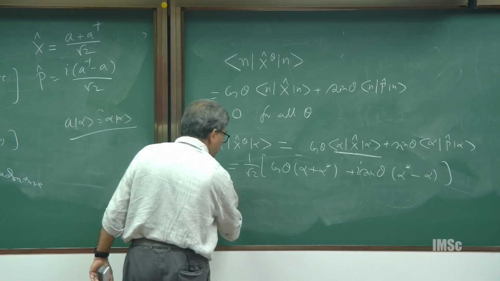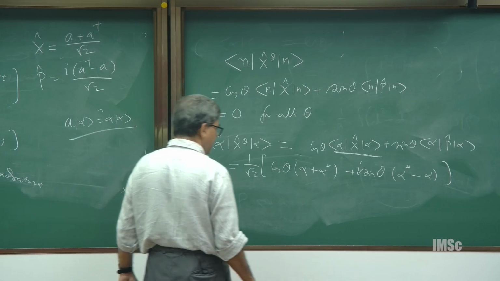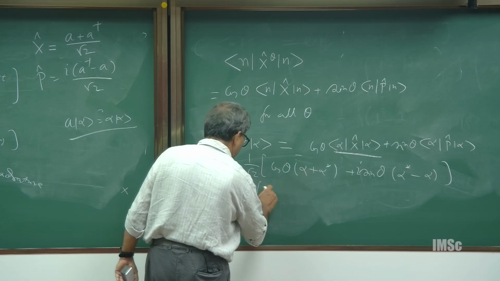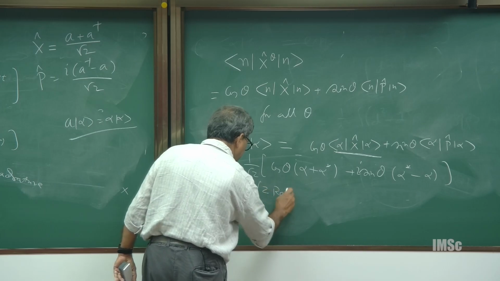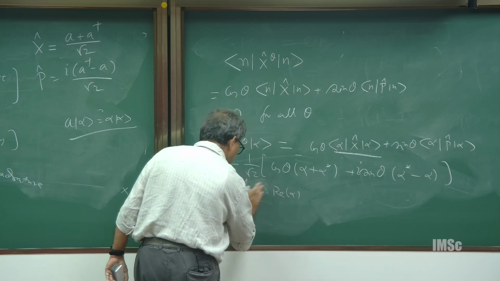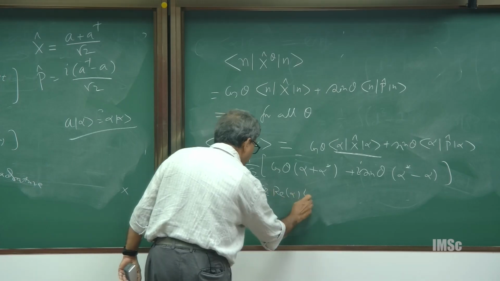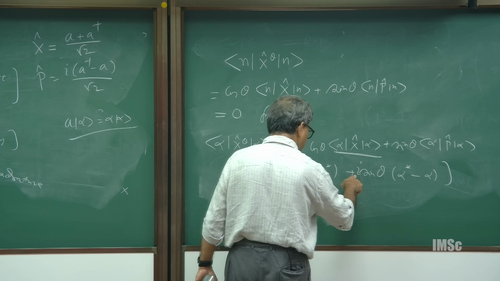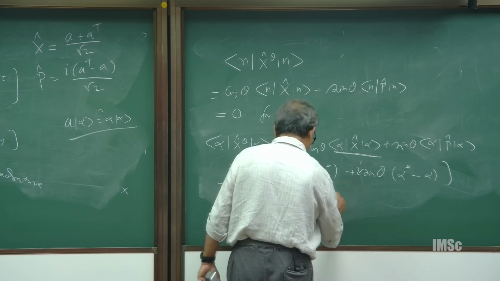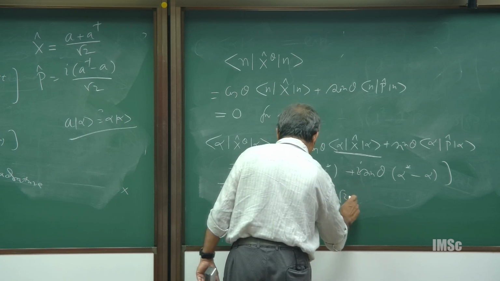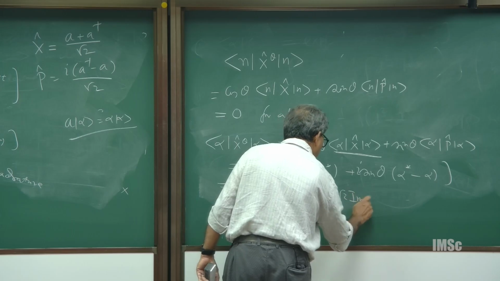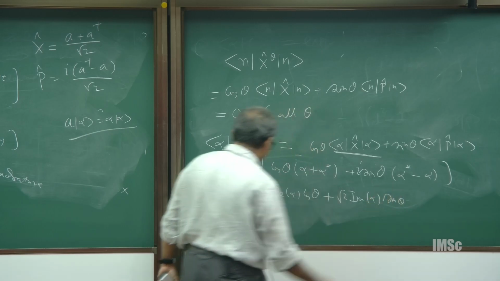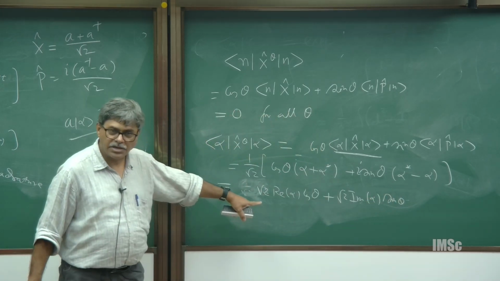So, therefore, what you see is that this is 1 upon root 2 times twice the real part of alpha. So, this is basically square root of 2 real part of alpha, this is cosine theta, and this is minus i. So, this is plus root 2 imaginary part of alpha sine theta. So, this is theta dependent, right.